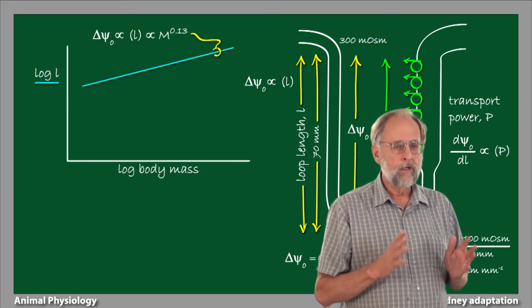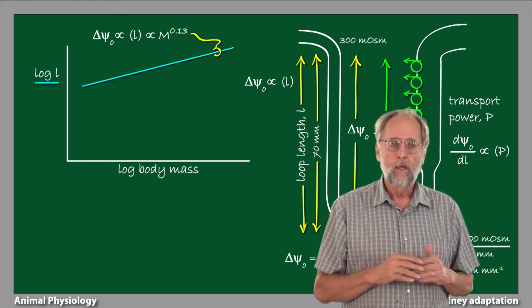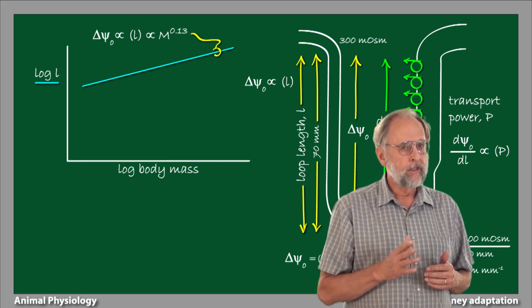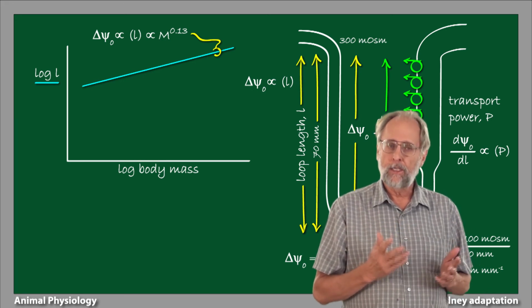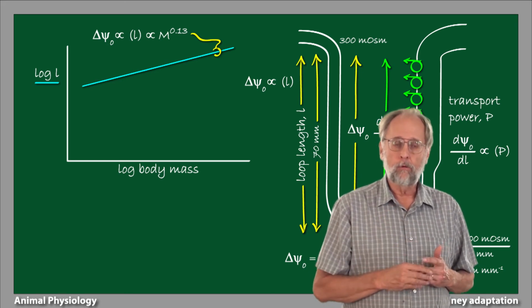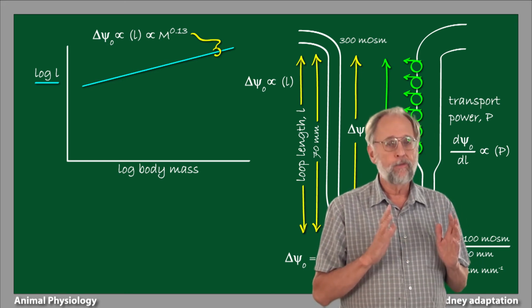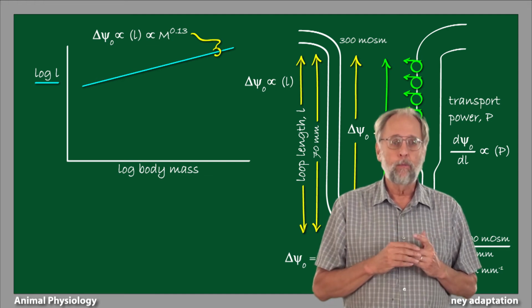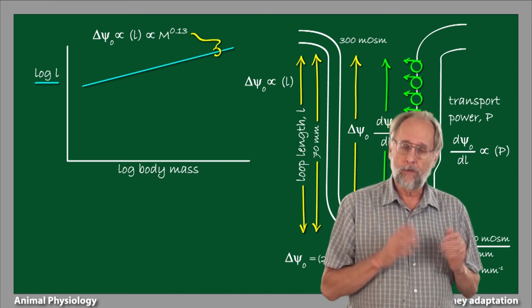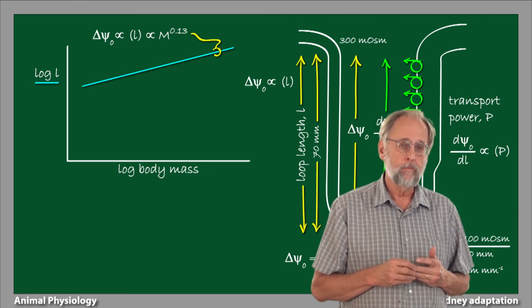If we plot the log of the length of the loop of Henle, we get a relationship that looks like this. Specifically, the length of the loop of Henle increases with body mass to the 0.13 power. That number will be significant momentarily, but for now, we can say that this will be proportional to the magnitude of the osmotic potential difference that can be generated along the loop of Henle.